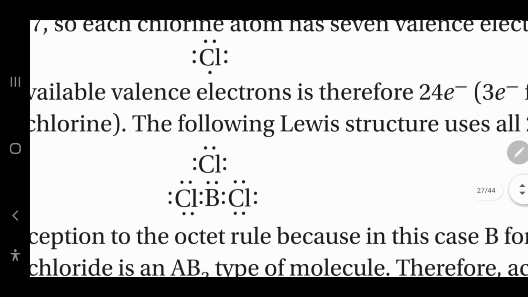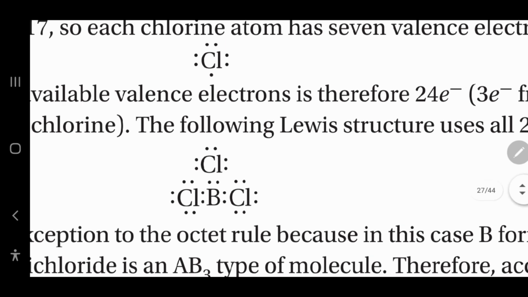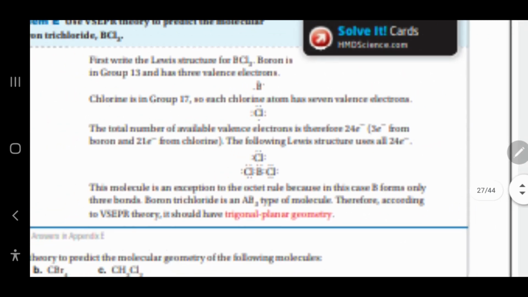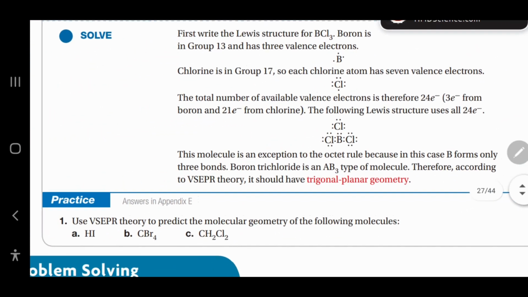So here the general formula for this compound is A, which is B, and B3, which is chlorine. So AB3 will be trigonal planar structure.